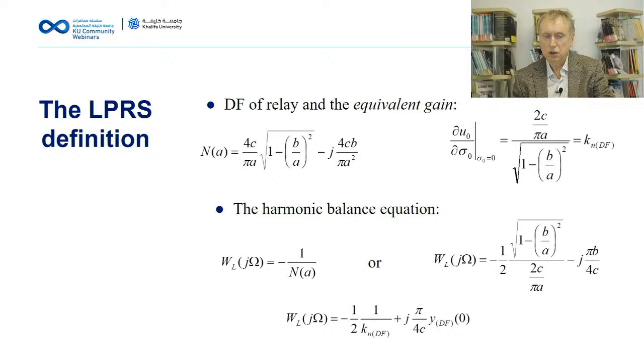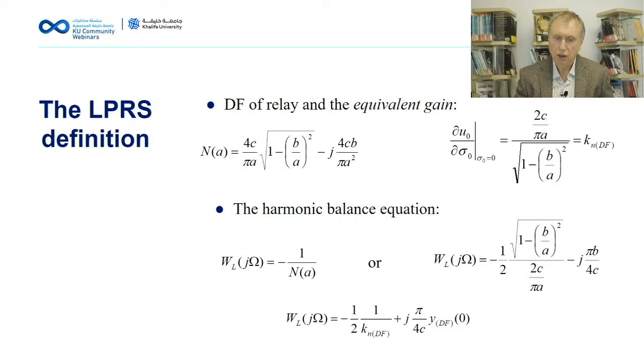Then let us recall what the describing function was for the hysteresis relay. It is given here, and here is the equivalent gain for the hysteresis relay. Now, if we write this harmonic balance equation for the hysteresis relay, which is given here, what we can notice is that this part in the real part, which I'm trying to indicate here, is exactly what is given in the Kn. So this is the reciprocal value of the Kn.